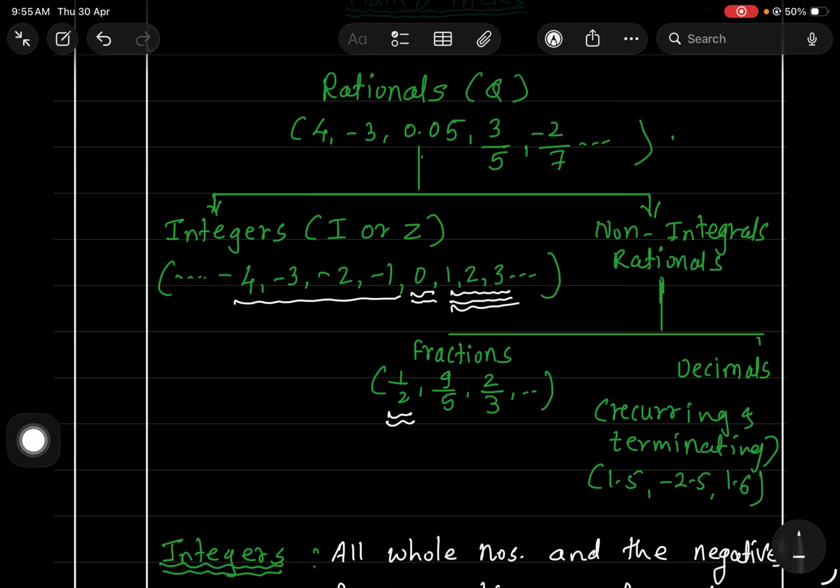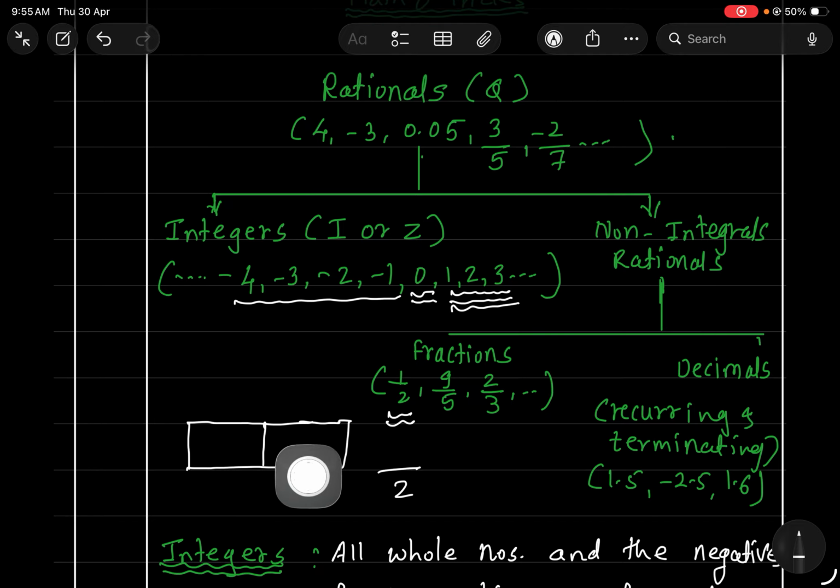Very simply, I am showing roughly here. Suppose there is a rectangular-shaped chocolate. You make 2 parts of this. Those 2 parts are what you write as the denominator. Suppose you eat one part. That means it becomes a half, because there are total 2 parts.